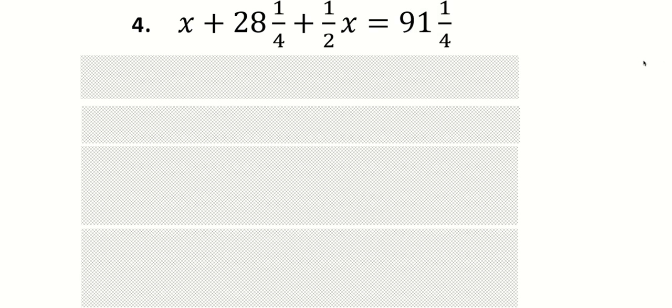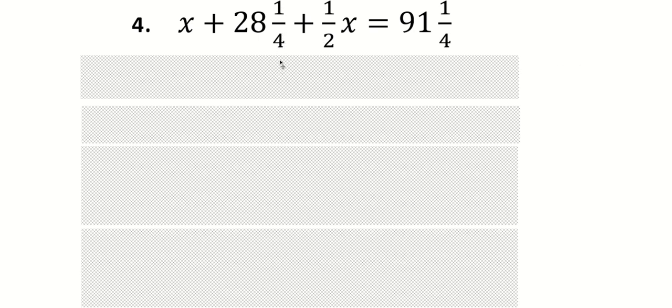There are at least a couple of different ways to attack this and get this rolling with your next step. What I would recommend for something like this is noticing that these fractions are nice fractions, some of the nicest fractions you could possibly hope for: 1/2, 1/4.